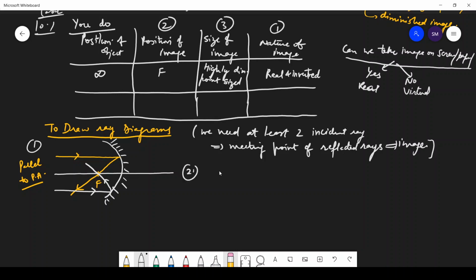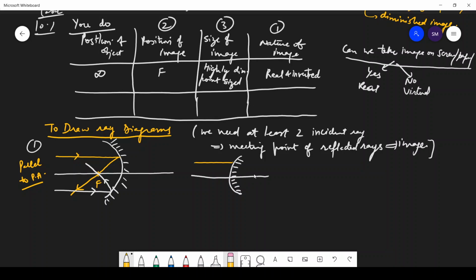I'm drawing this for a concave mirror, and let us draw for a convex mirror also. So this is your convex mirror. Now the incident ray will come parallel to the principal axis and it is going to pass through the focus.